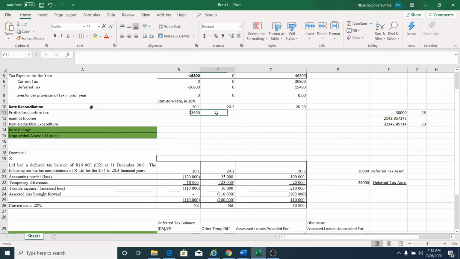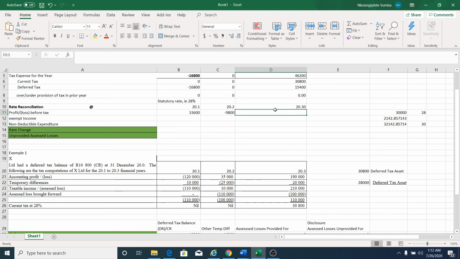And then for 20.2, we have 35,000. Remember, again, it is positive, which means when it goes there, it should be negative. 28% of 85,000 should give you a negative 9.8. I hope I'm right.